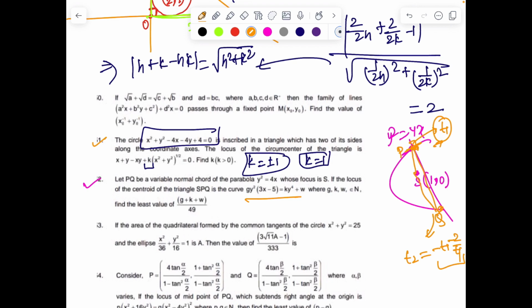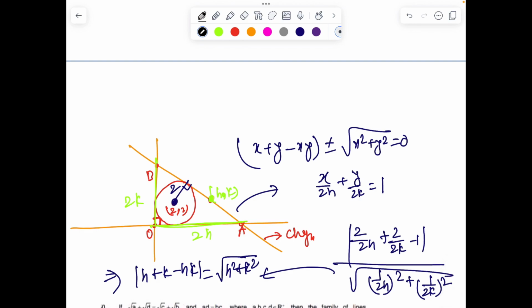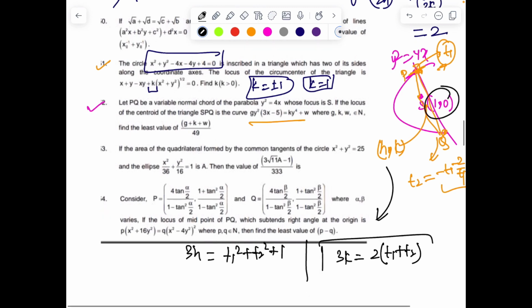With this information, let's say the centroid of the triangle is H, K. Now what we can do is simply use the centroid formula, and what we get is 3H equals t1 square plus t2 square plus 1, and 3K equals 2 times (t1 plus t2), because the focus is 1 comma 0.